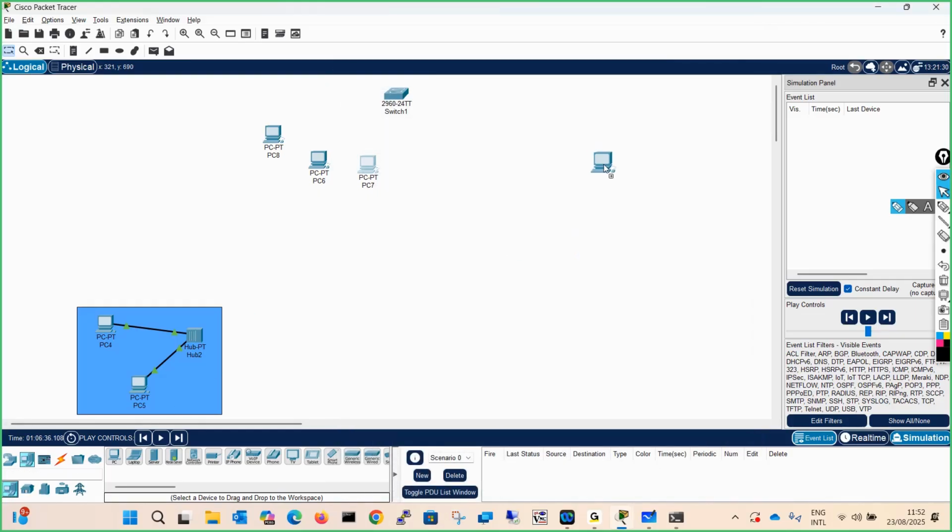Again you have some more PCs connected to some other switch, and then one more switch over here.